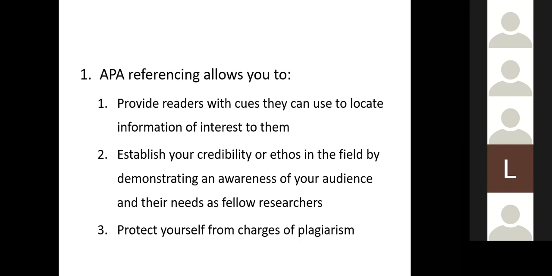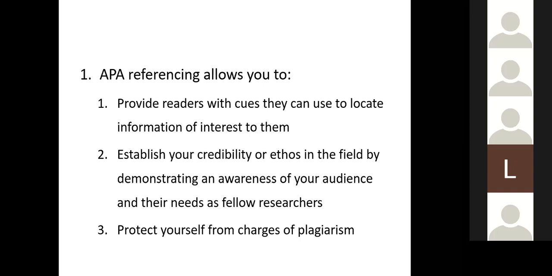So your audience are likely to follow you because it shows you are aware of their needs. In research, if you don't do the referencing, it's not research. So people want to see where you got all this information from so that they can follow you.